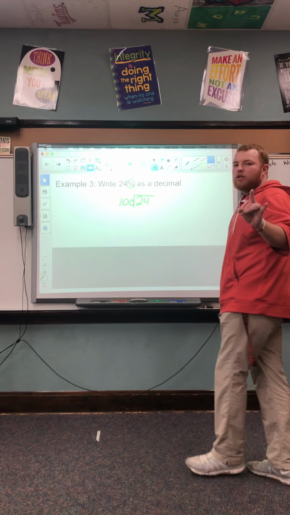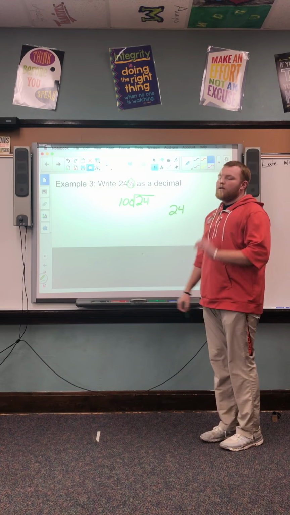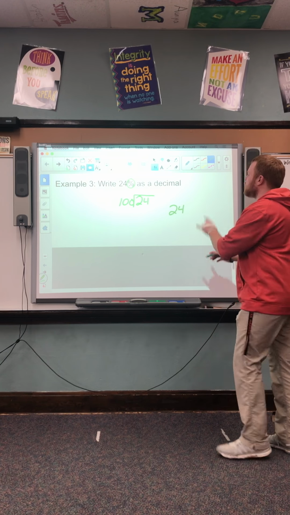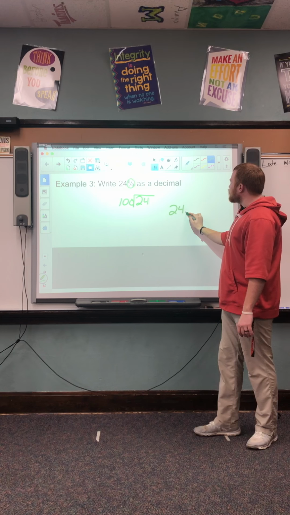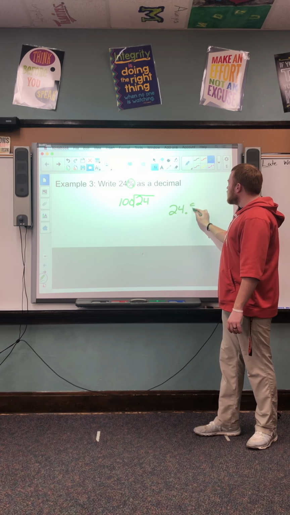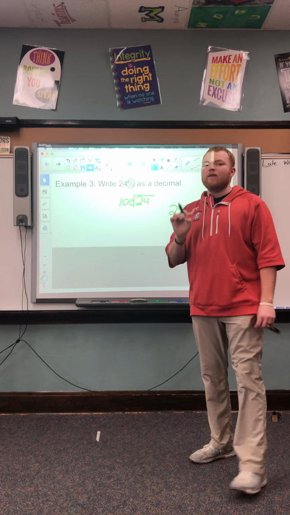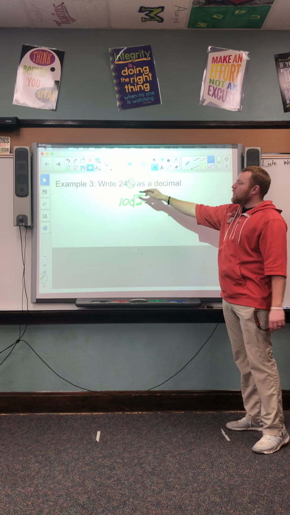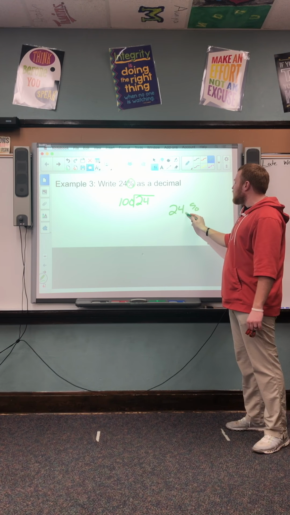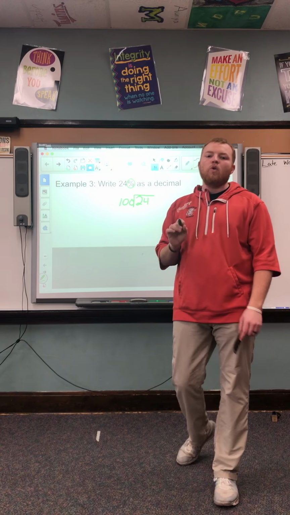Okay, an easier way, kind of a little cheat sheet. Where is the decimal located in 24%? It's right at the end, because since it's a whole number, every number has a decimal, even though it's not shown. Now, how many zeros are in 100?